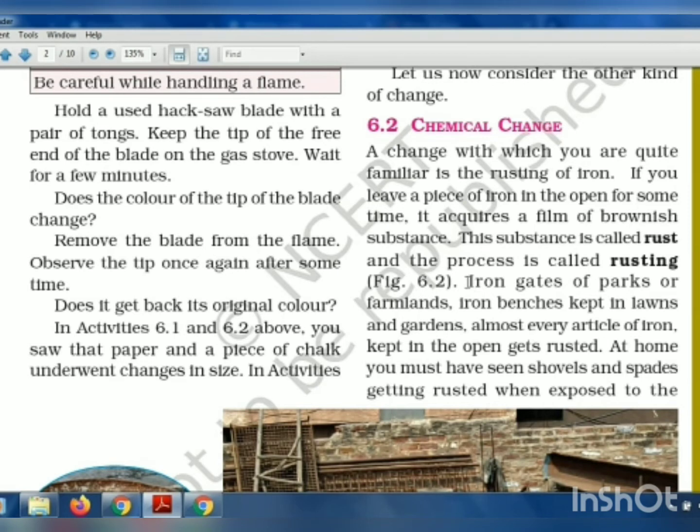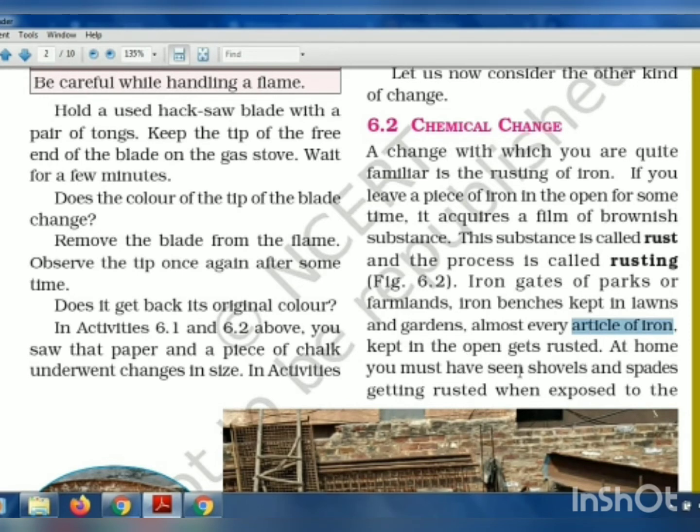Examples of rusting you can give: iron gates of parks, farmlands, iron benches that are kept in lawns and gardens. Almost every article made up of iron metal gets rusted when kept in the open.